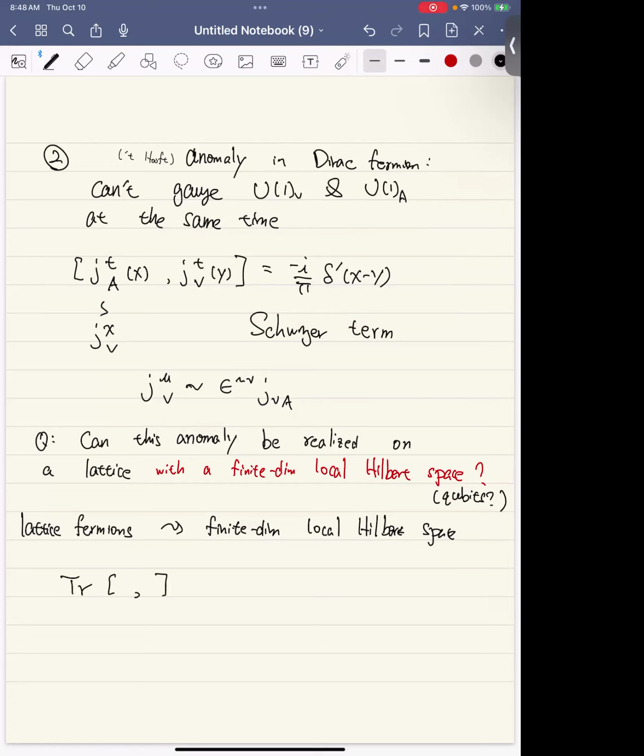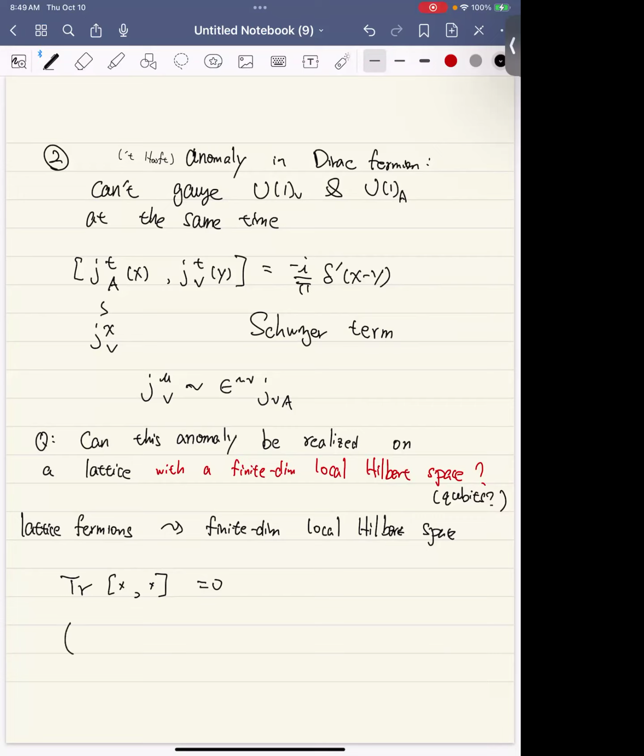The trace of a commutator on a finite dimensional Hilbert space necessarily vanishes. But the right-hand side is a derivative of the delta function, which has a non-zero trace. So this simple argument tells you that you cannot literally realize the Schwinger term on a lattice with a finite dimensional local Hilbert space.